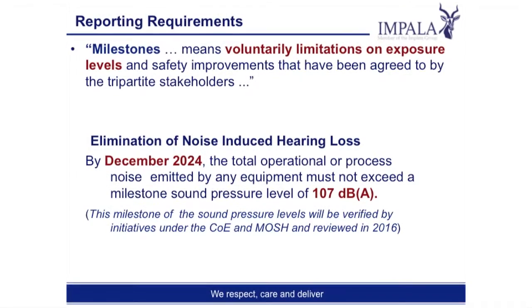But that needs to be clear, because if you read the milestone, it says operational process noise emitted by any equipment must not exceed. So I just need clarity there. Brian, can you assist us on that one? No, you can't. I'll tell you why you can't: because the GEs can't defend themselves until they have made a decision.